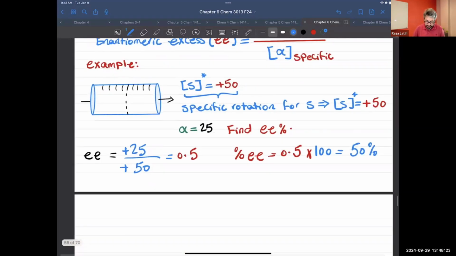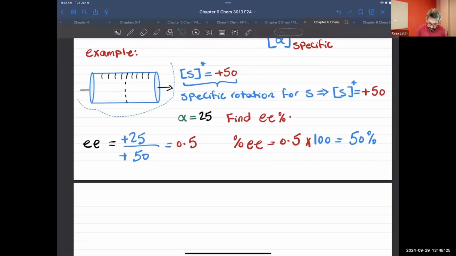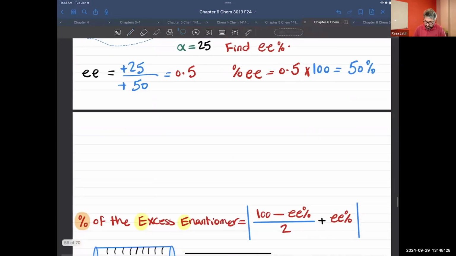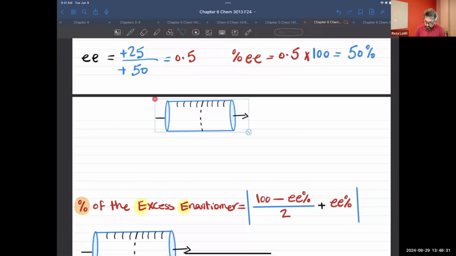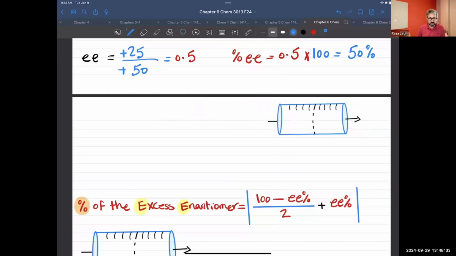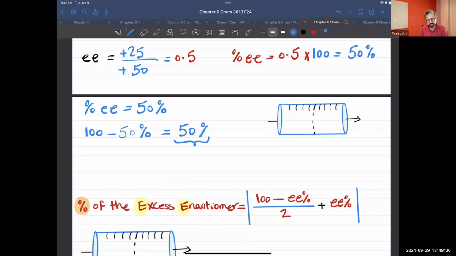Okay, again, what does it mean? Inside the solution, we got the percentage of the enantiomeric axis equal to 50%. So 100 minus 50%, we're going to get another 50. What's the meaning of this 50?